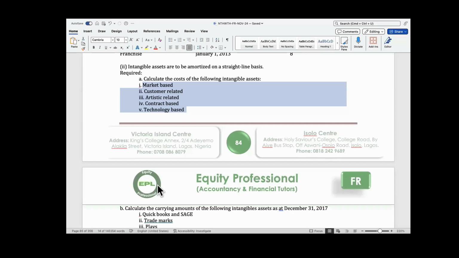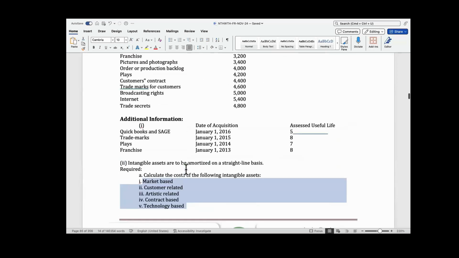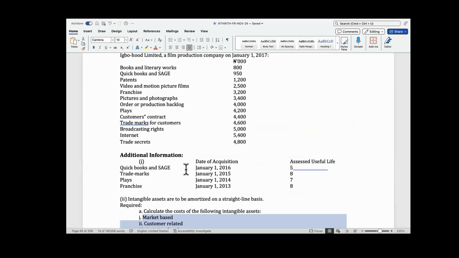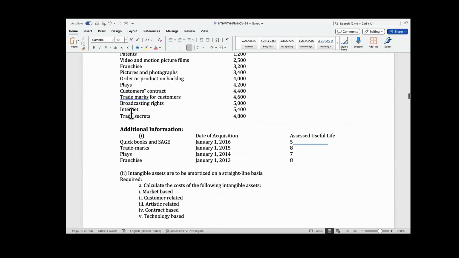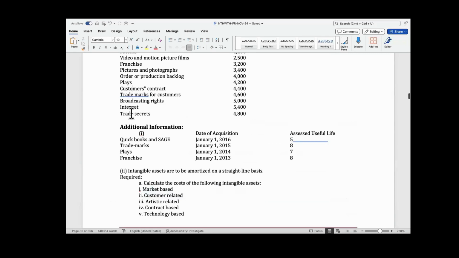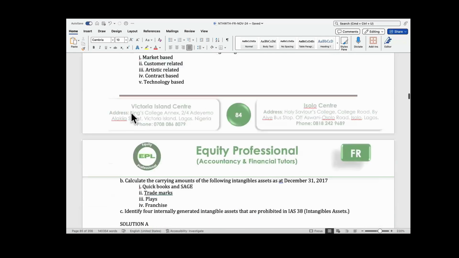They were not getting the same answer, so they just gave everybody the marks, since it's highly subjective. A student who says I don't know and leaves it will get zero. But if you just attempt it, even if you put plays under market, you will get your mark. Just do something.